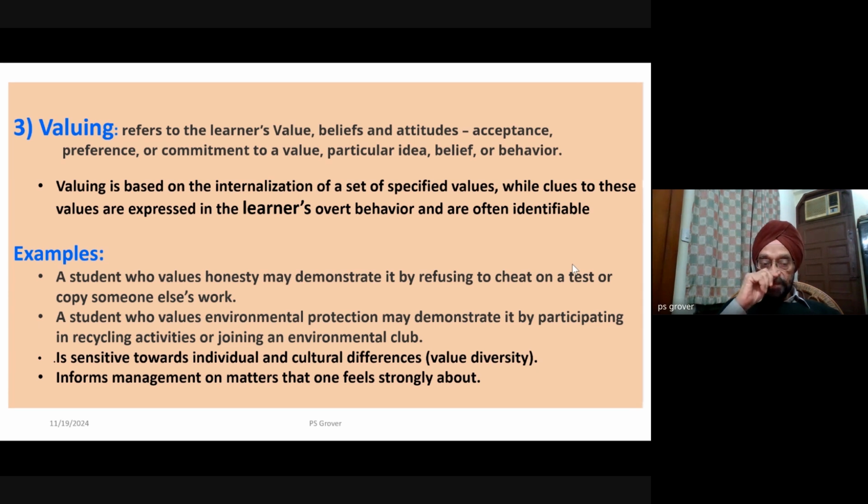An example is a student who values honesty may demonstrate it by refusing to cheat.